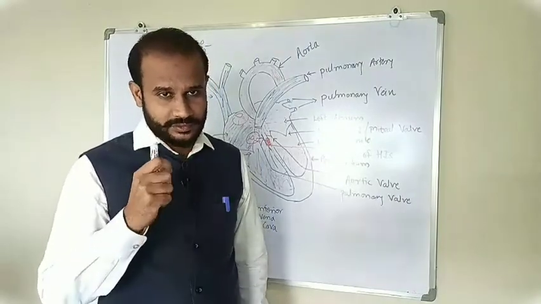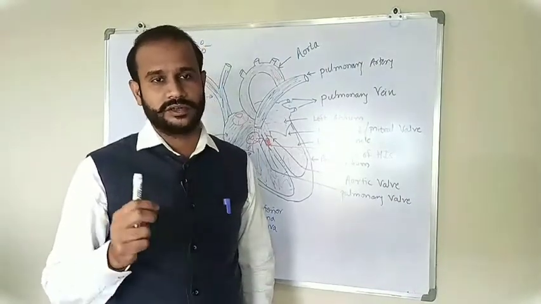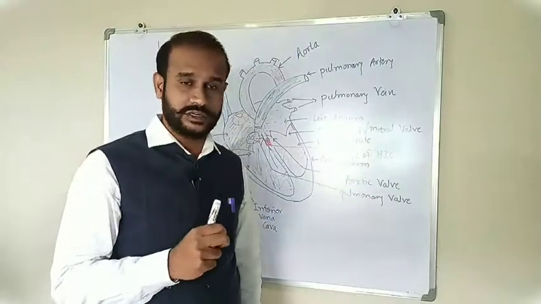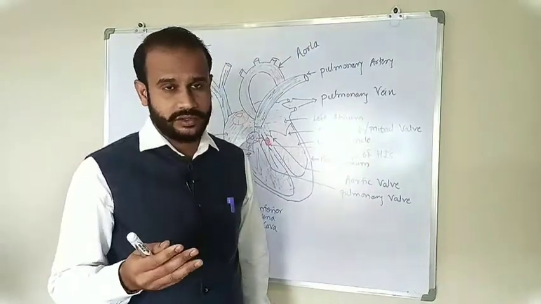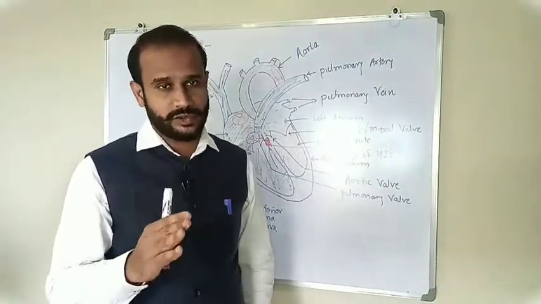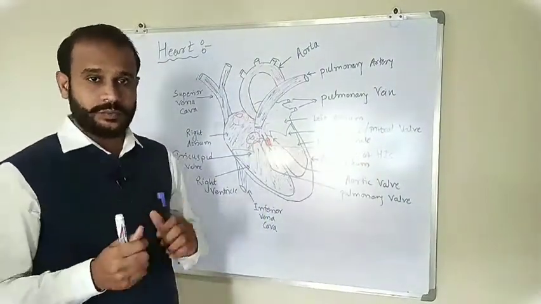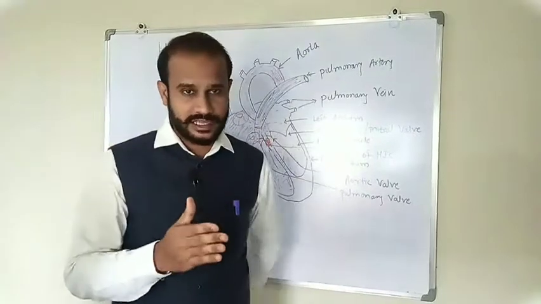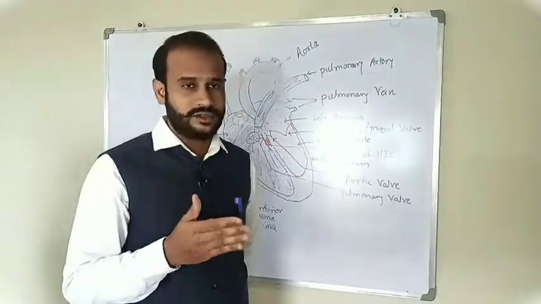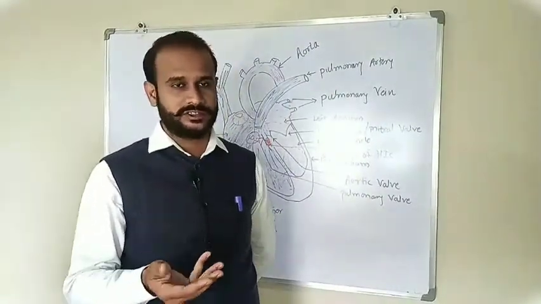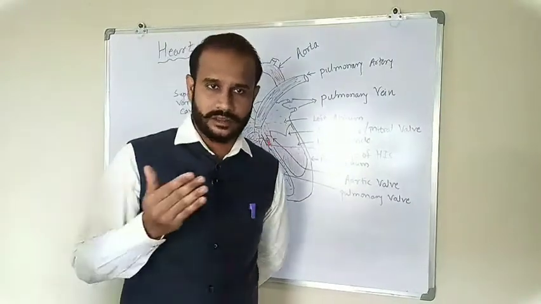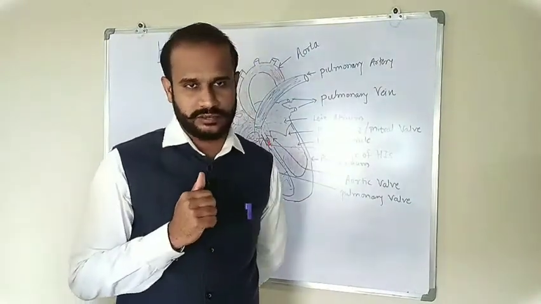Veins carry deoxygenated blood except the pulmonary veins. Alright. Only arteries have thick walls and veins have thin walls. Who has valves to prevent backflow? Veins have valves and arteries don't, because arteries have pressure. That's why there is no chance of backflow of the oxygenated blood.